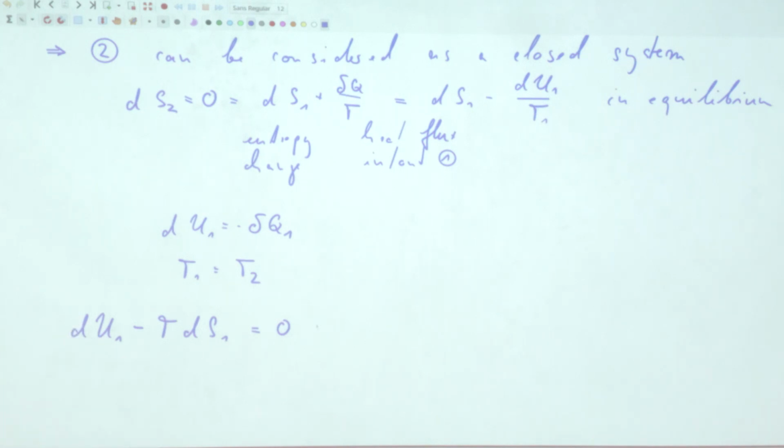So we introduce a function f equals u minus T times s, and df becomes 0 in equilibrium at a given temperature. That's what we control with our thermostat, and volume.